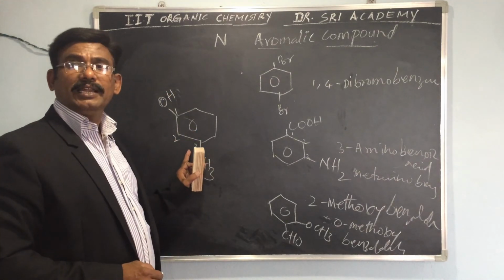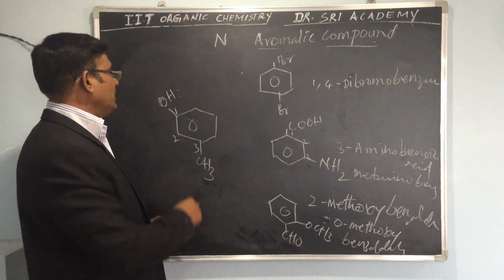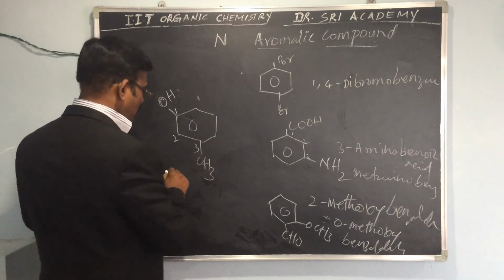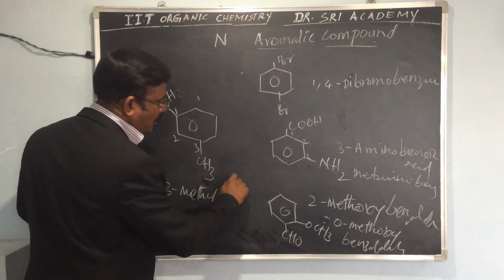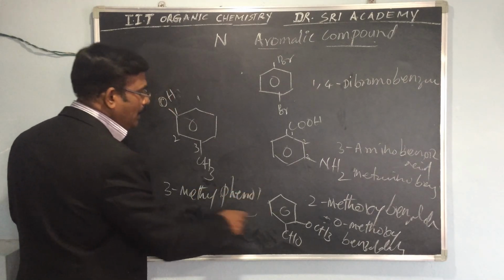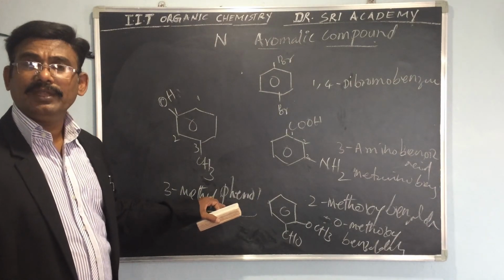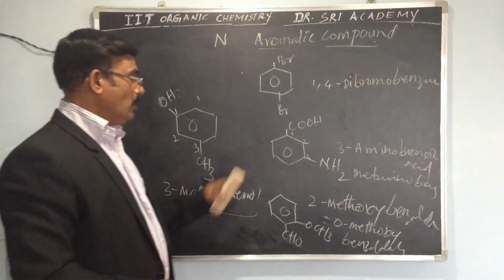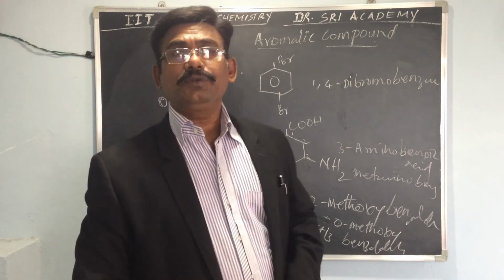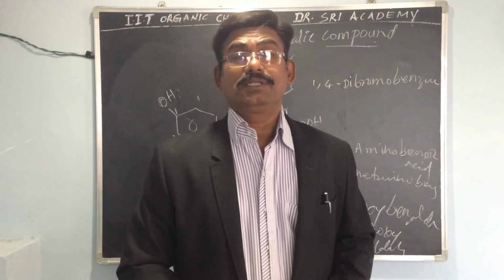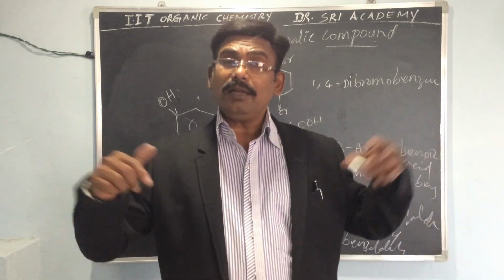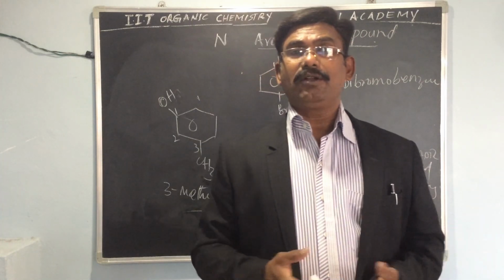So the 3 position contains the methyl: 3-methylphenol. Okay, so these are the disubstituted benzene aromatic ring compounds.